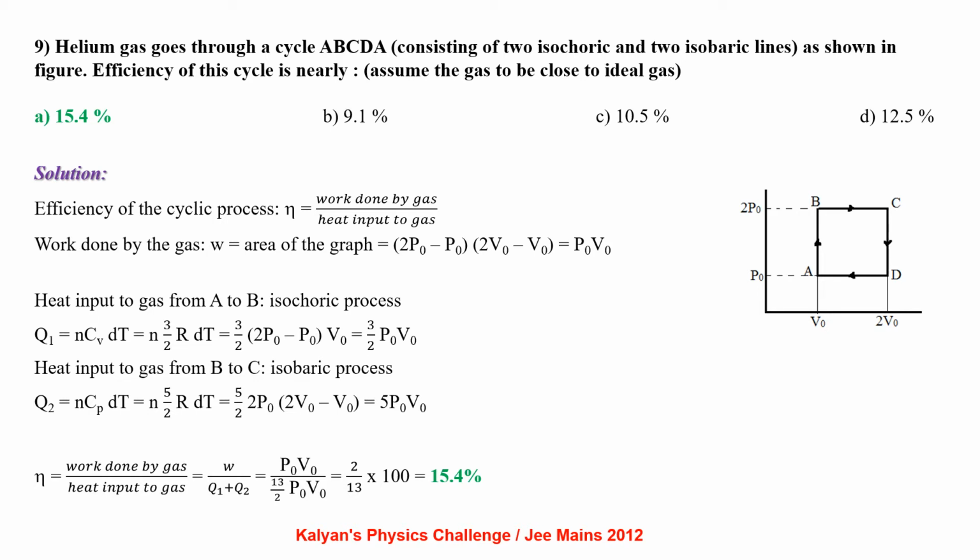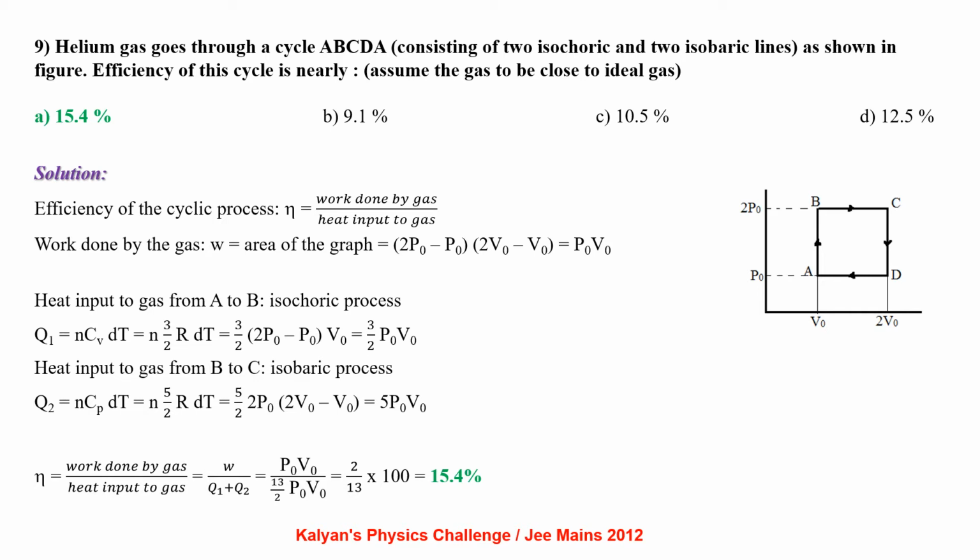Heat input to the gas from A to B, an isochoric process, Q1 equals n Cv dT, that is n times 3 by 2 R dT, that is 3 by 2 times (2P0 minus P0) times V0, which comes out to be 3 by 2 P0 V0.